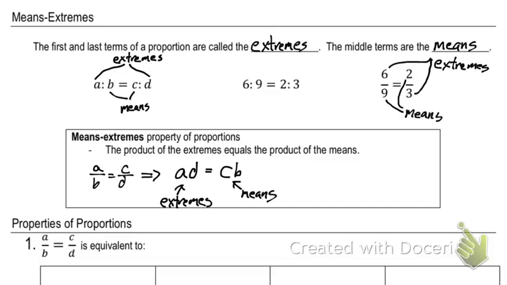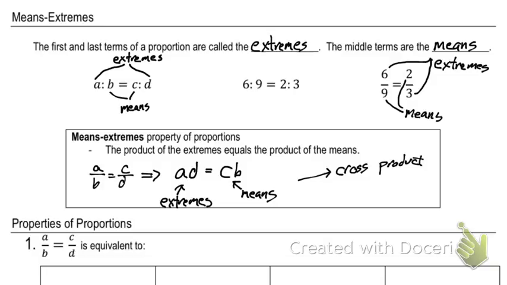That's why cross-multiplying actually originated. So this is actually just cross-product multiplication. That's all we're really doing.